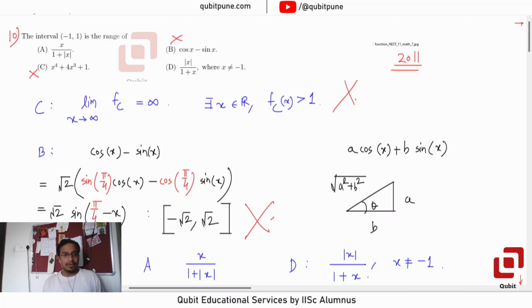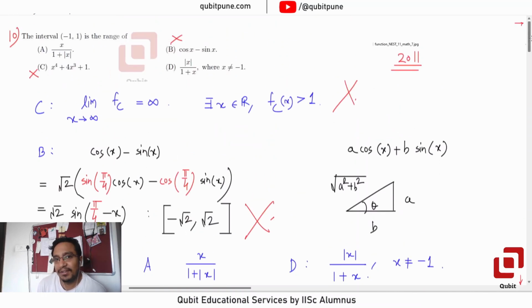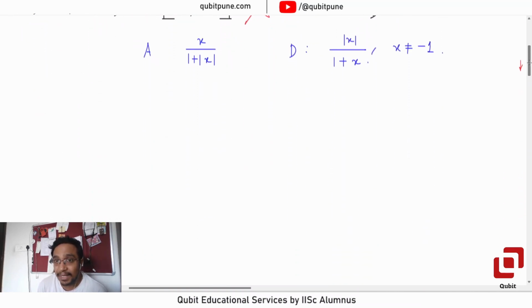What can we do to solve this particular problem? Look, when they say that x is not equal to minus 1, something immediately should come to your minds. And what is that?